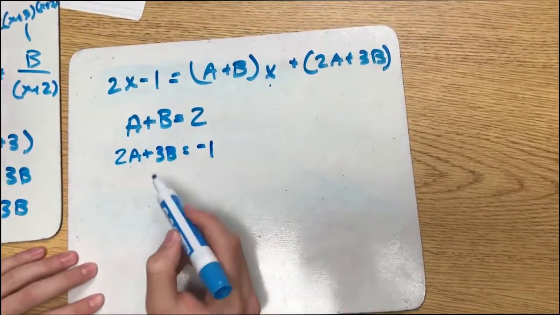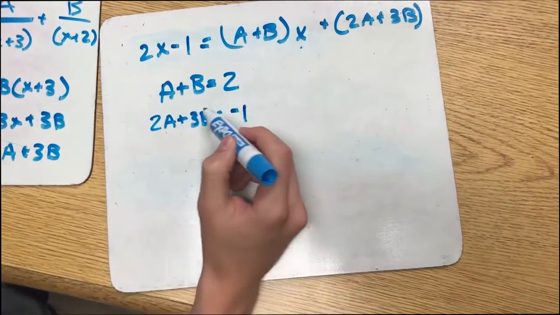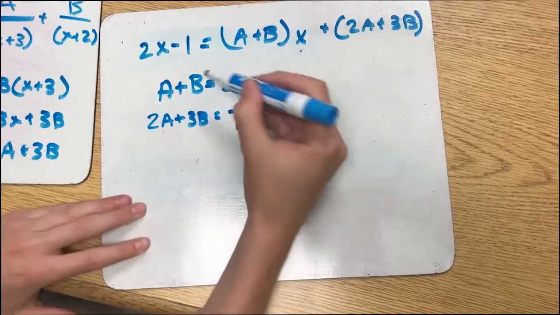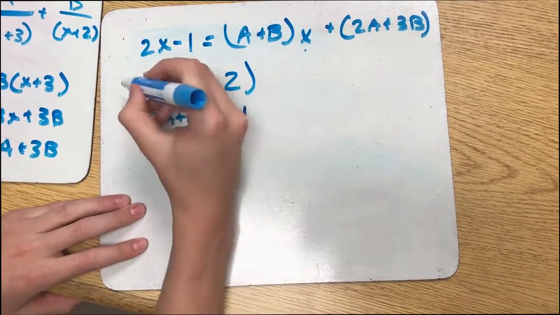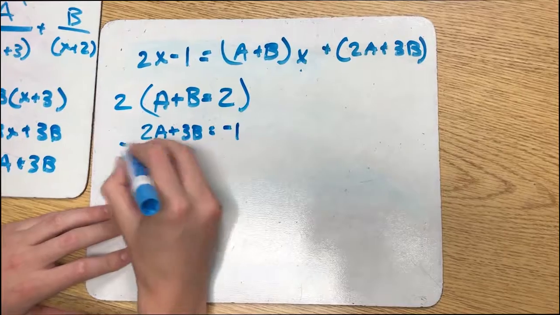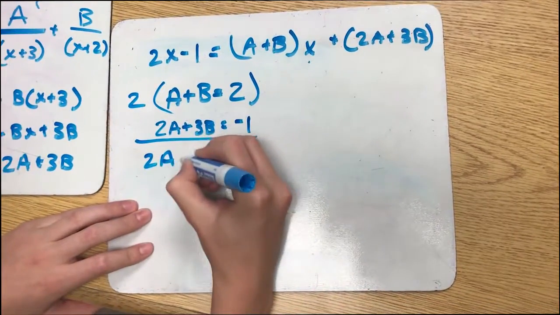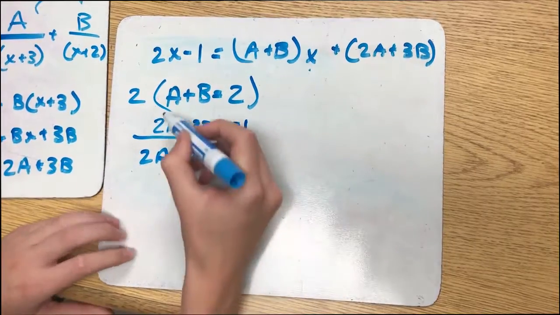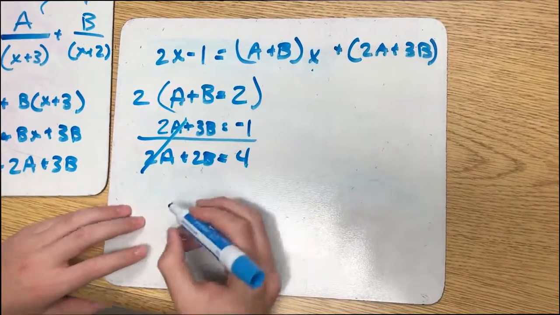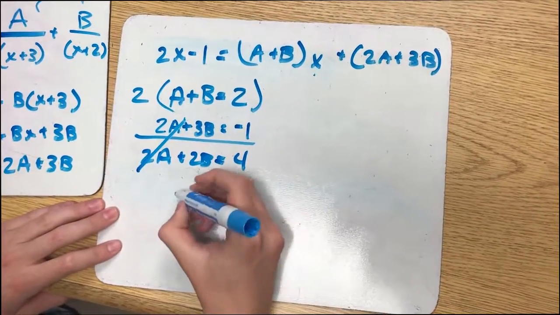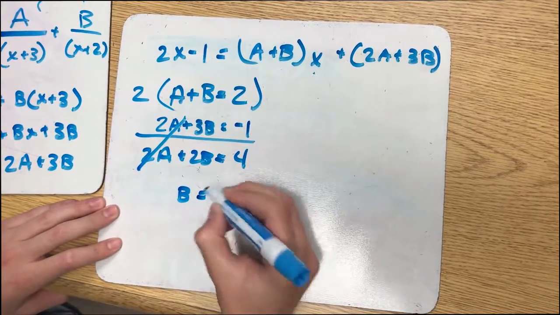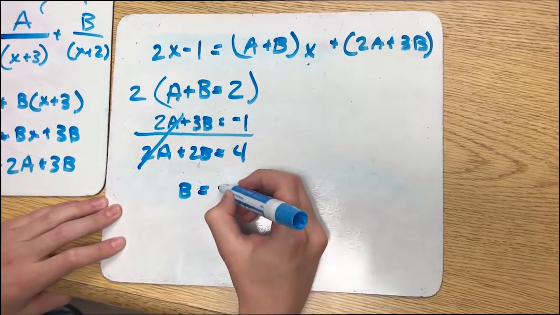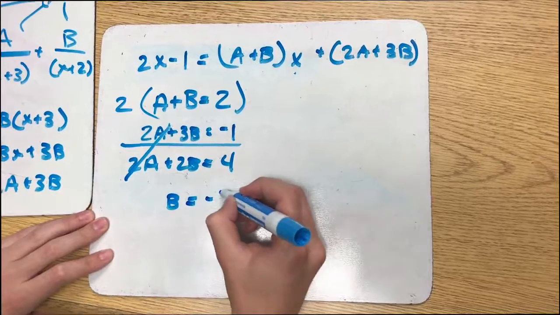Now we want to use elimination, so I'm going to multiply the top one by 2 to get 2a plus 2b equals 4. Then we subtract these, and the a's cancel out, and you get b equals negative 5.